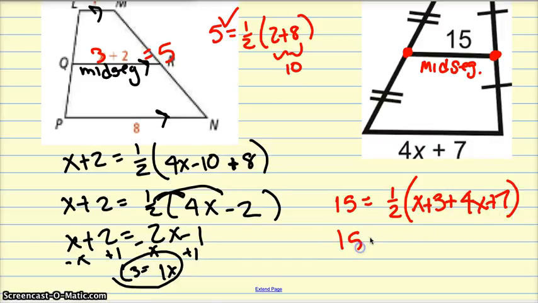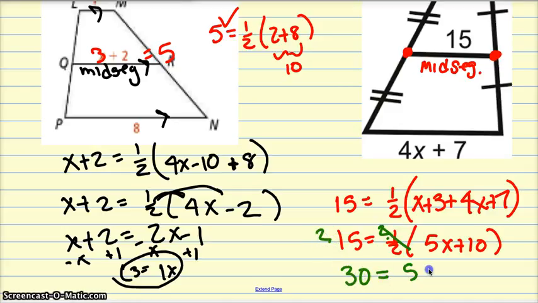So I've got 15 equals half of 5x plus 10. I know a lot of you hate fractions, but check this out, and it's a matter of preference. You can distribute and get decimals or fractions, but what if you multiply both sides by 2? You'd get 30 equals 5x plus 10. You might like that a little bit better. If I subtract the 10, I'd get 5x equals 20. Oh, running out of space, so x equals 4.